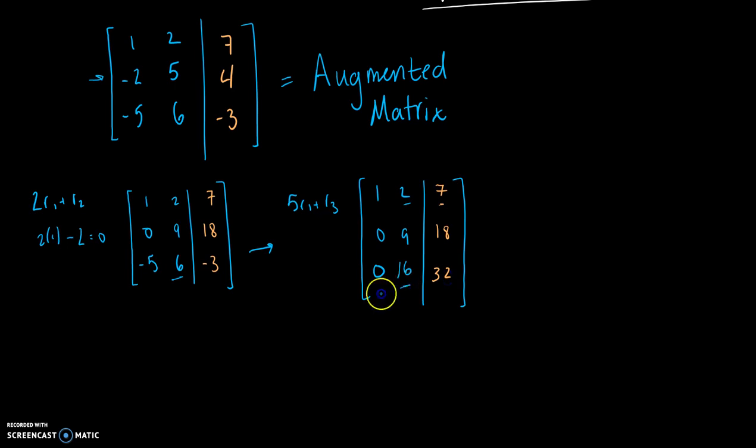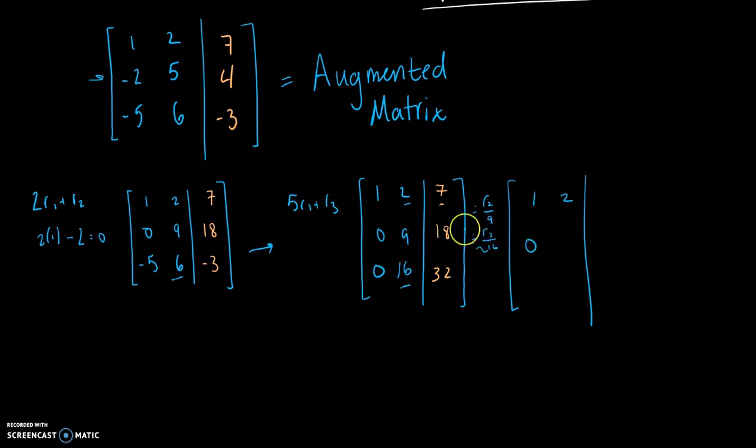Okay. So now where do we want to go? Now we want to get rid of this 16. But before I do that, I'm going to actually just simplify this a little bit. Okay. And I'm going to do that by dividing row 2 by 9 and dividing row 3 by 16.